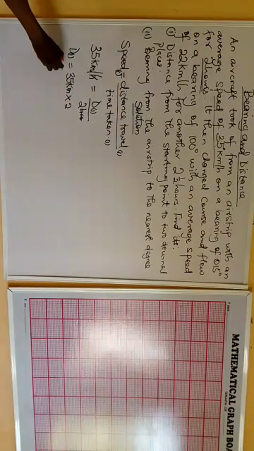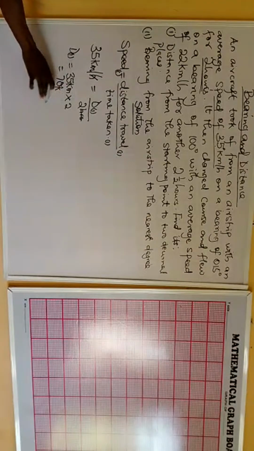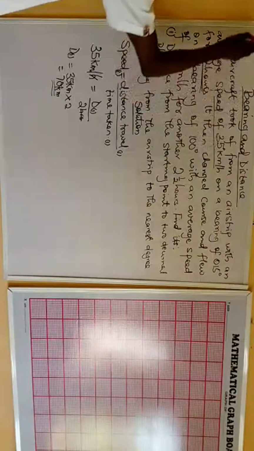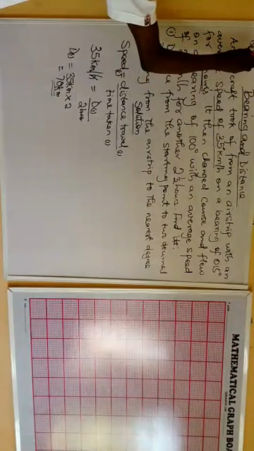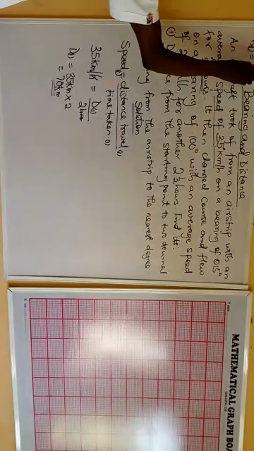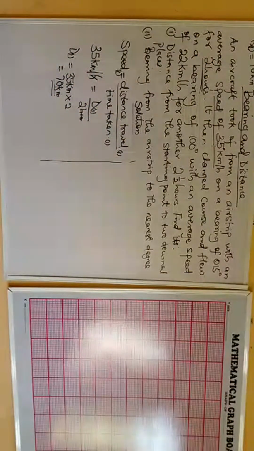When you multiply 35 by 2, it gives you 70 km. So distance 1 is 70 km. Okay, let's go to the other side.